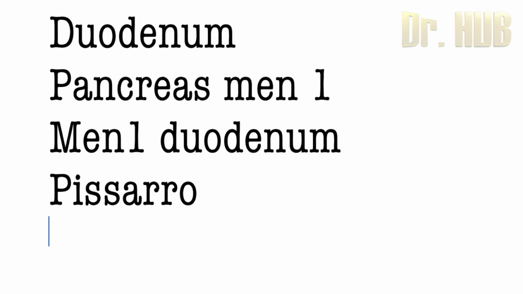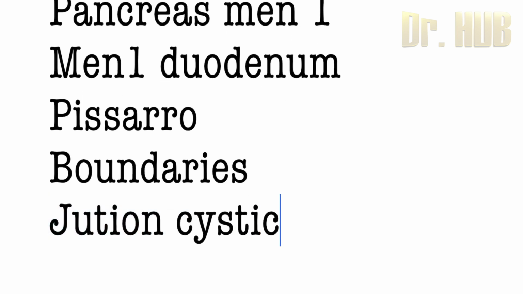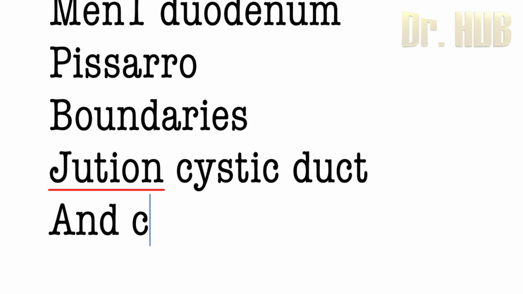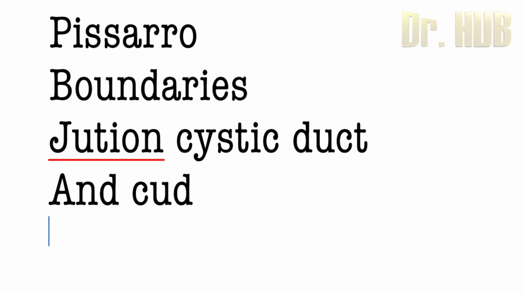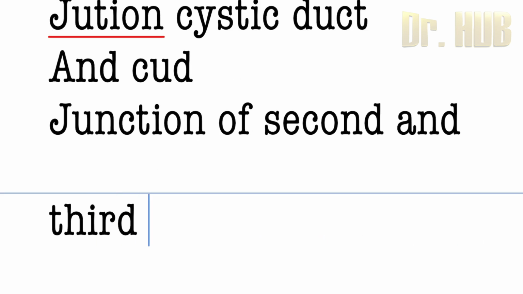So what is the triangle of Passaro? Let's look at the boundaries. There is the junction of the cystic duct as well as the CBD. Next is the junction of the second and the third part of the duodenum.